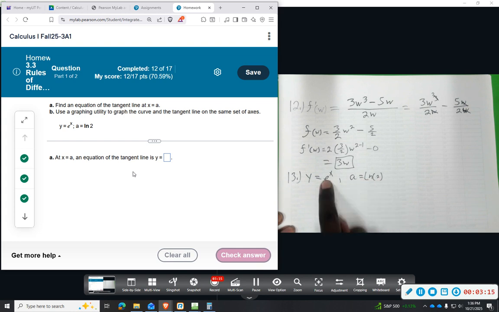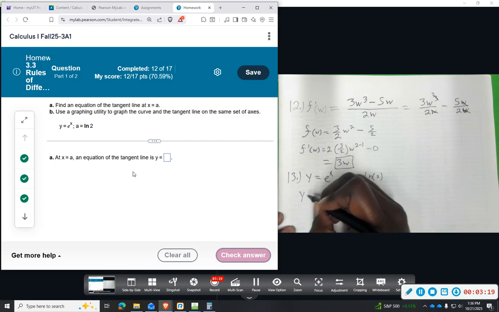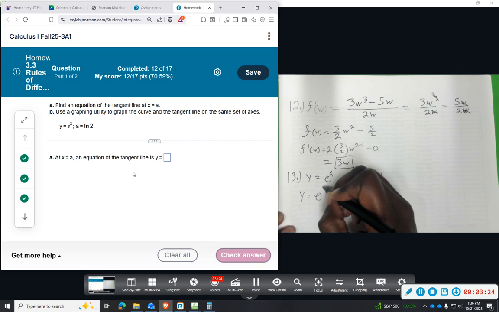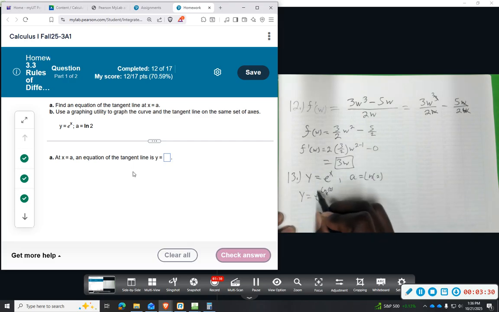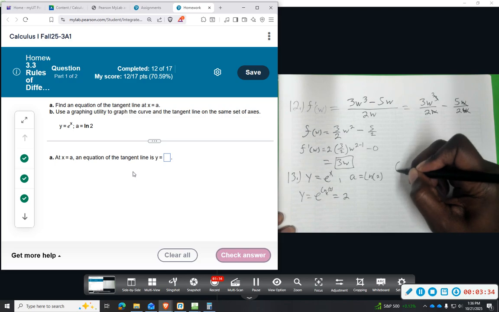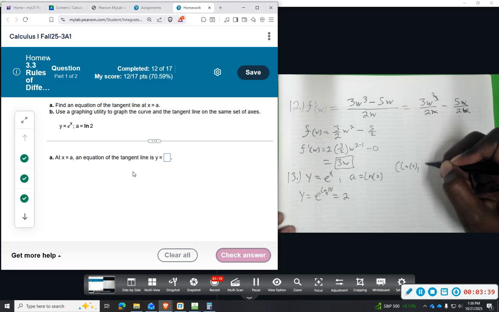This is our x value here. So we'll say y equals e, and we'll plug in ln of 2. So ln has a base of e, so that will cancel each other out, leaving us with 2. So our ordered pair, x is ln of 2 and y value is 2.